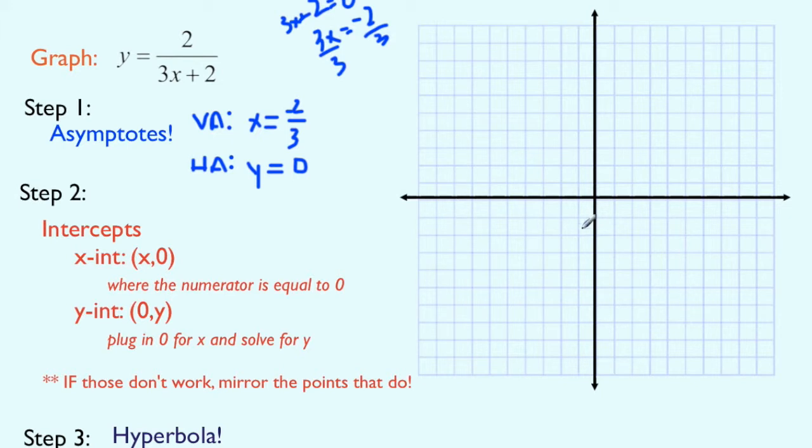But let's start by plotting these points. To save us a little bit of groaning, I'm going to change this so that this right here is 1/3, 2/3, 1, all the way around, because that'll make graphing that asymptote a tiny bit easier.